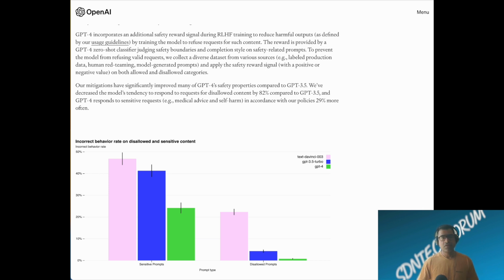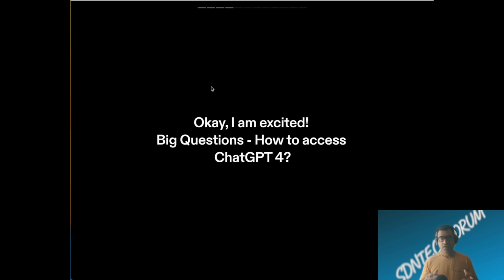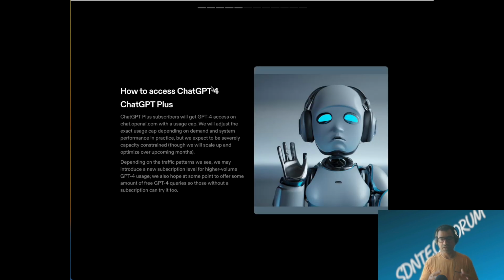All right. So at this point, you know that ChatGPT 4 is here, but my UI is running 3. So how can I access ChatGPT 4, right? Because this presentation probably makes you excited, and now you're looking to use the latest and greatest. Is there any UI for that? This is the response from ChatGPT itself. If you want to use ChatGPT 4, unfortunately, you have to be a ChatGPT Plus member.